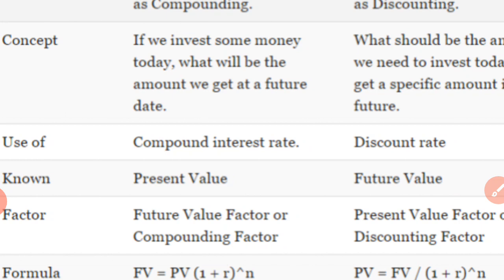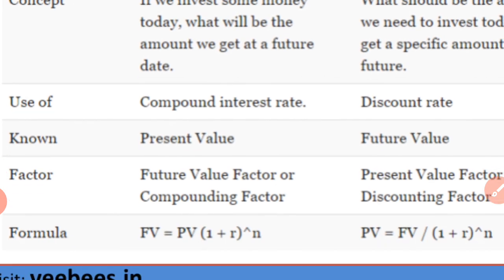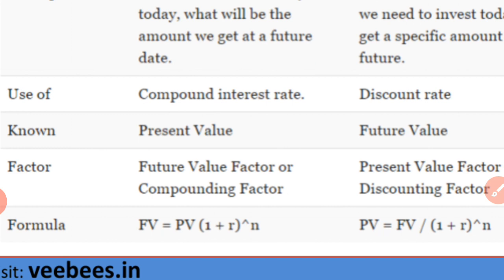In case of discounting, we will use the discount rate. We will use the present value factor that is available in annuity table 1, which is used as the discounting rate. In compounding, we get the value known as future value, whereas in discounting, we get the value known as present value.